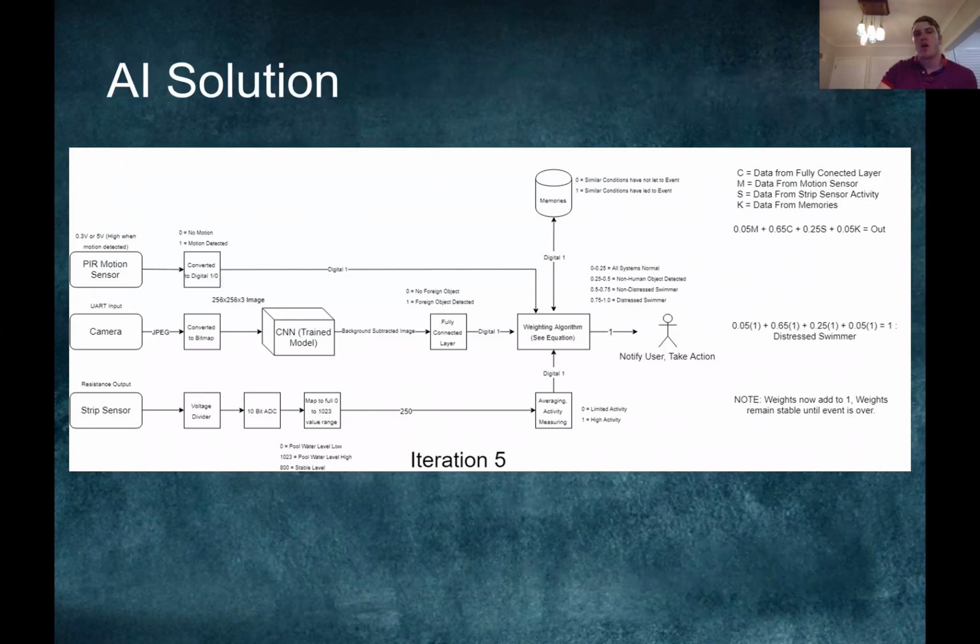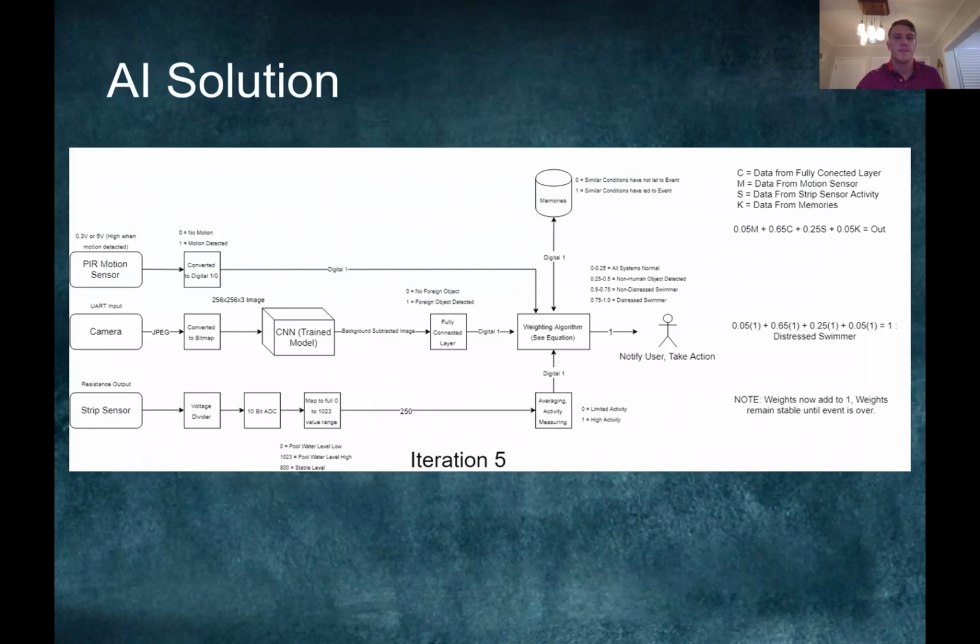All of these sensors provide raw data to the system. The motion sensor provides essentially just a 1 or 0. The goal of this AI solution was to make each input a 1 or a 0 so that it can be properly weighted, ranged, and correlated when making the final decision.